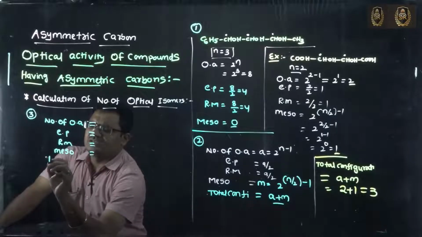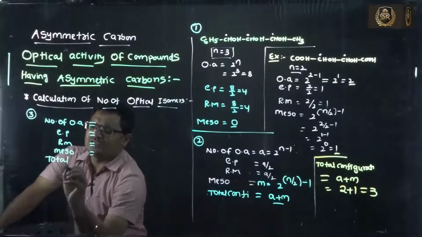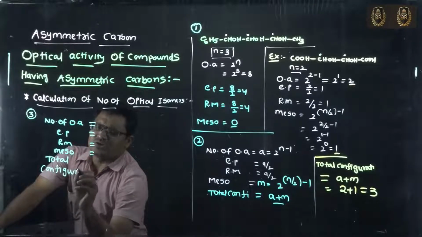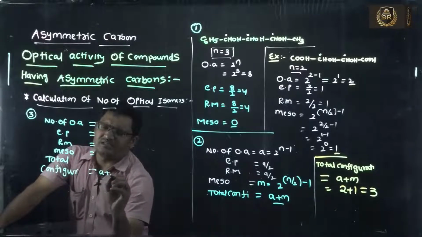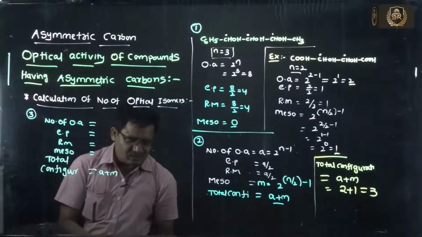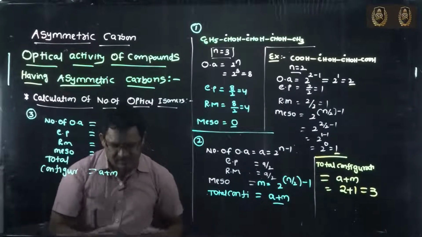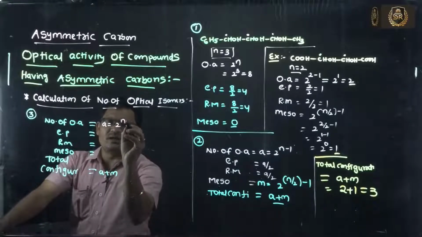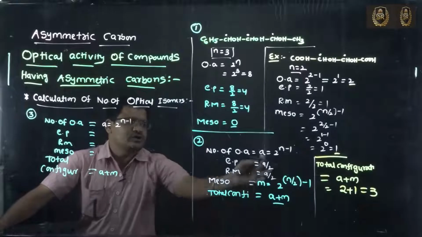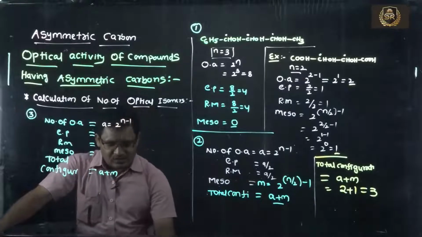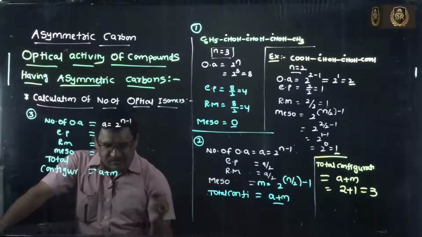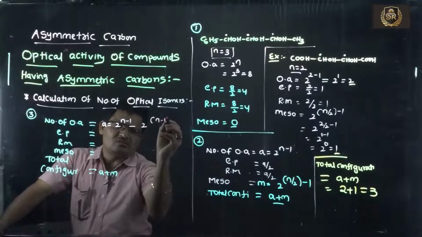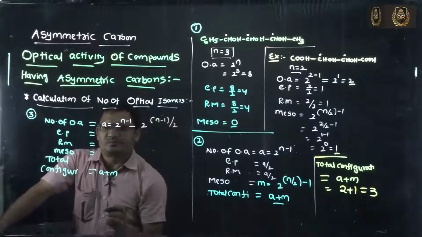Total configuration is nothing but A plus M. A equal to 2 power n minus 1, but here a small change: minus 2 power n minus 1 by 2.